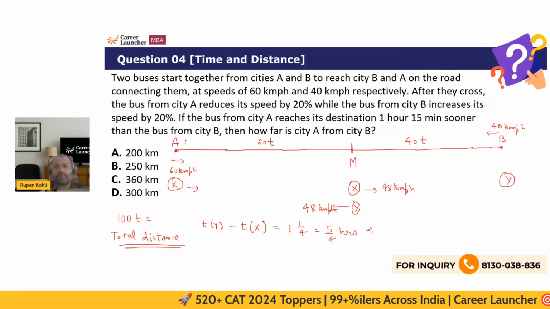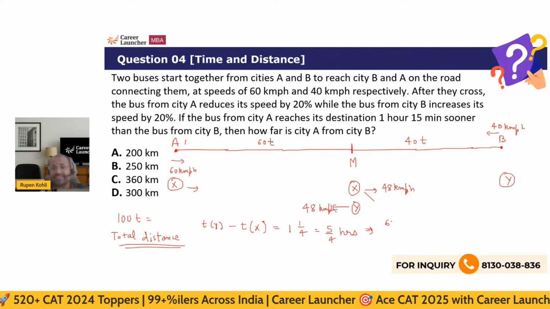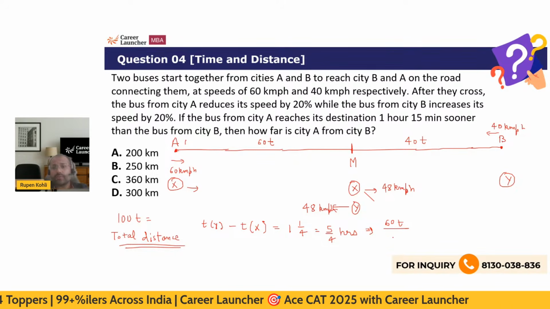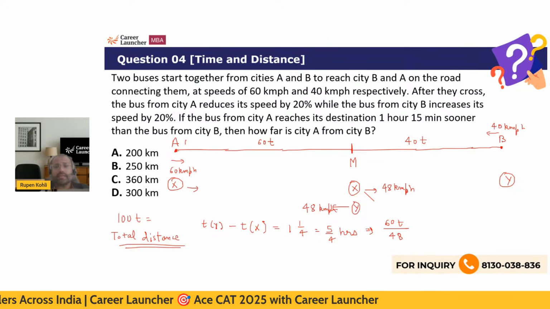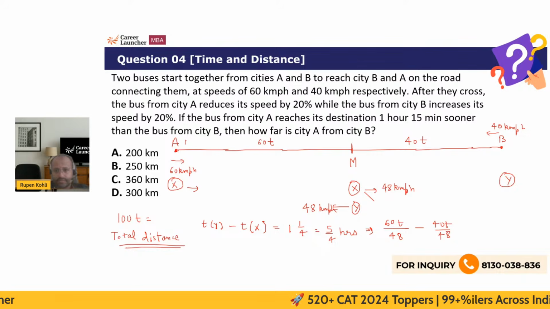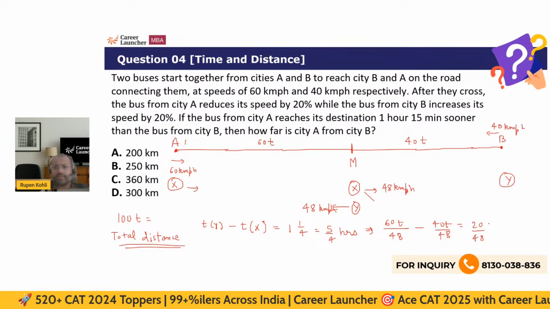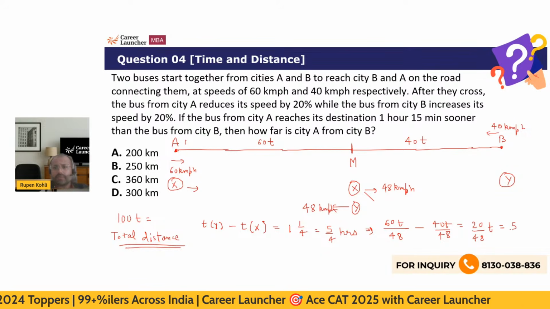The bus Y has to cover the distance of 60t at its speed of 48, so 60t by 48. Whereas the bus X has to cover only the distance of 40t, so 40t by 48. This difference, which is nothing but 20t by 48, or 20 by 48 of t, is therefore 5 by 4 hours.